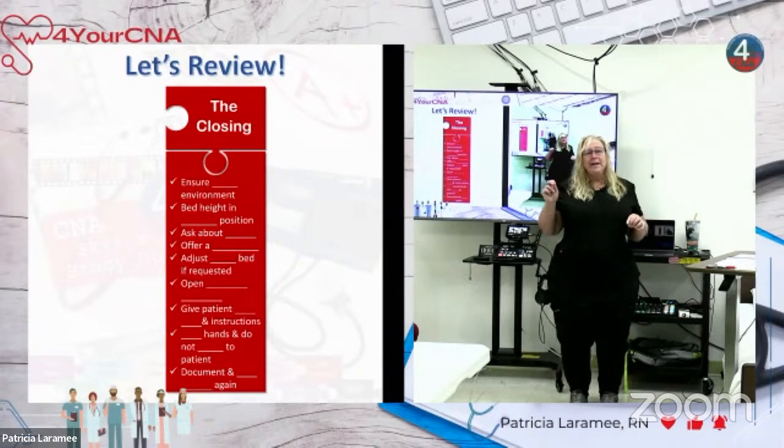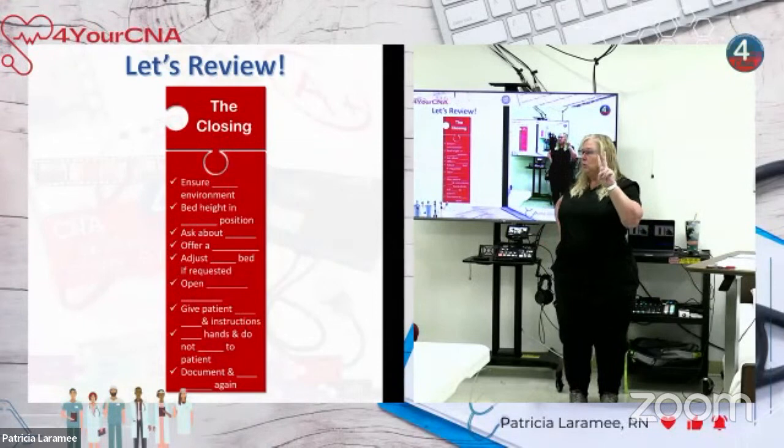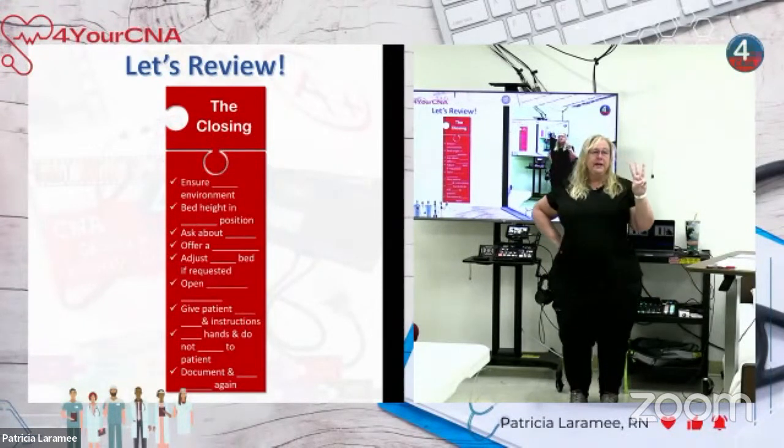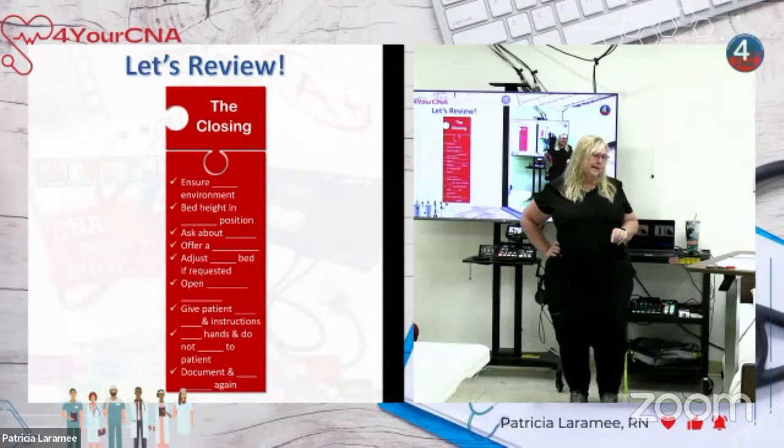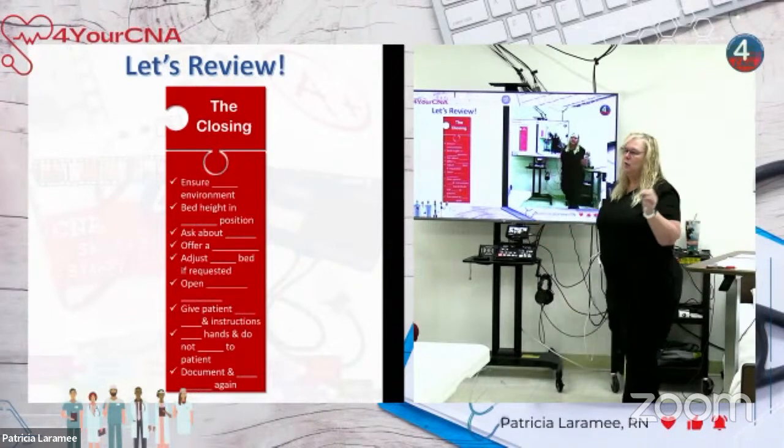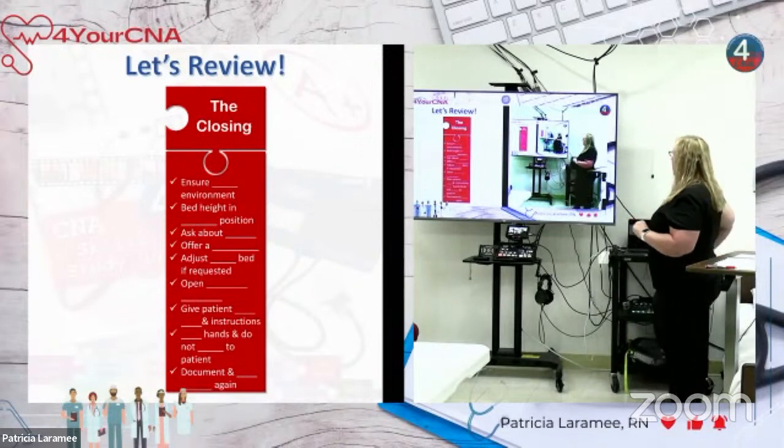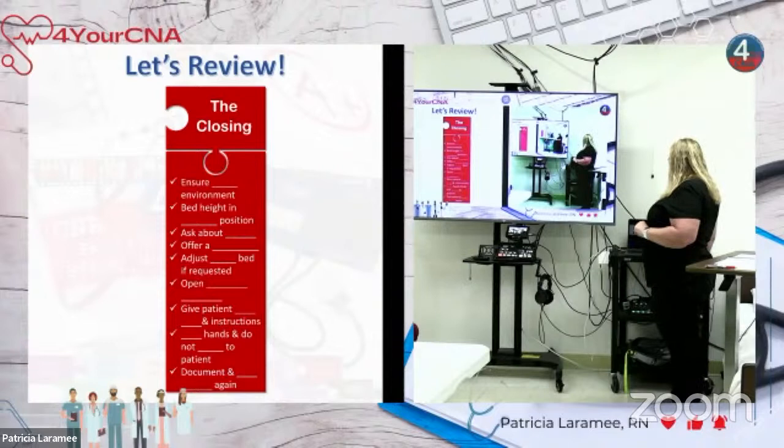But if charting is required, remember pulse, respirations, feeding, which we'll learn on Wednesday, and emptying the urinary drainage bag, which we'll learn next Monday. Those 4 things require documentation. So you have to have clean hands to document. But what do you have to do after you document? Wash your hands again, because we have to end skill with clean hands. Good? Any questions on that?